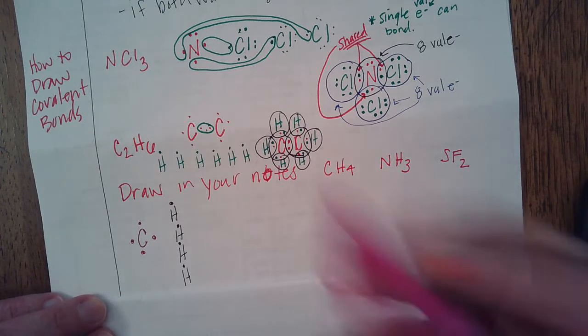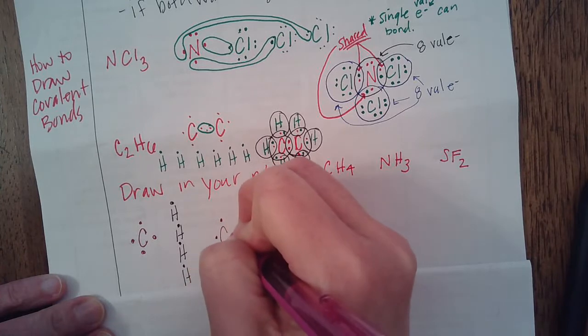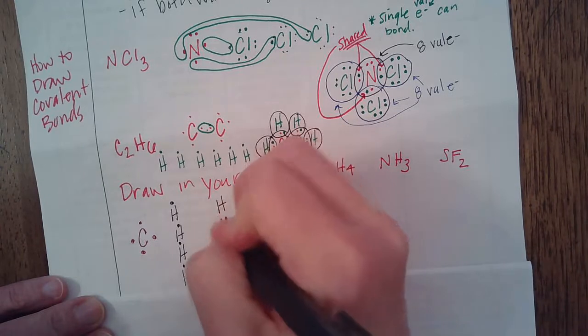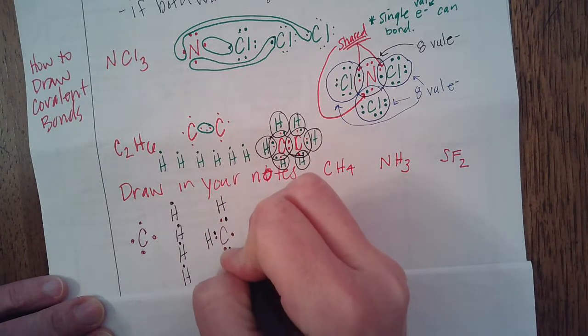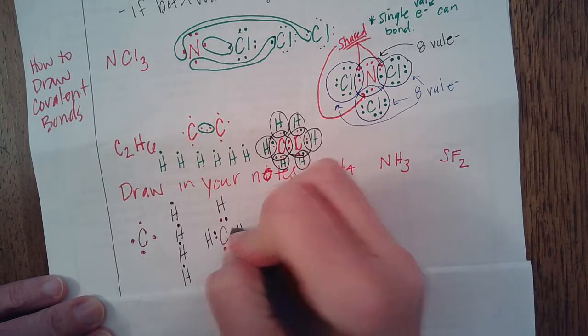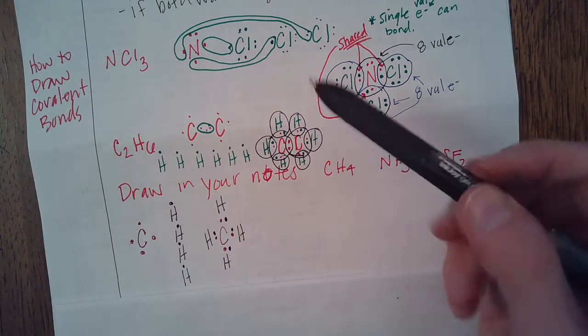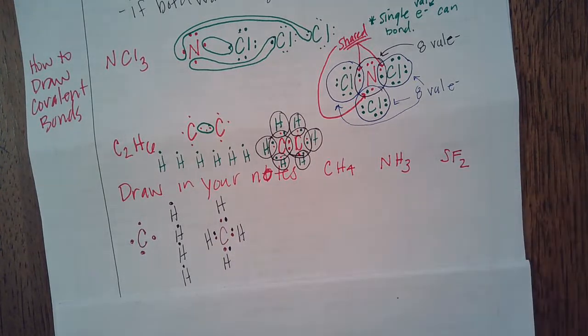So we're going to put these together like so. And you don't have to draw the circles around them like I did here. But if it helps you to check, you can do that as well.